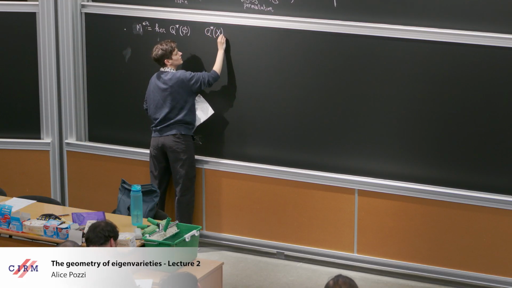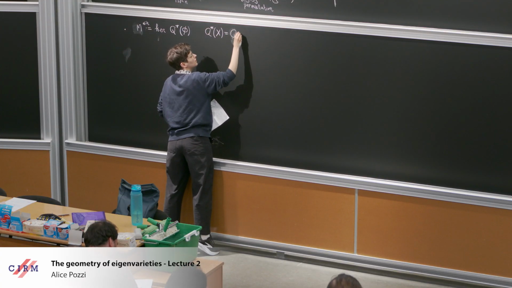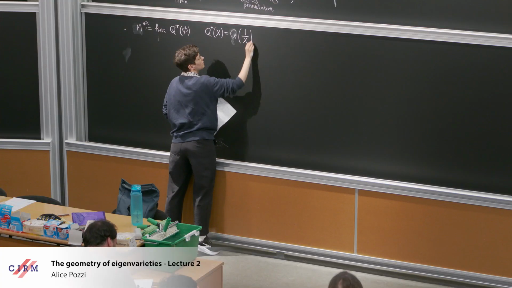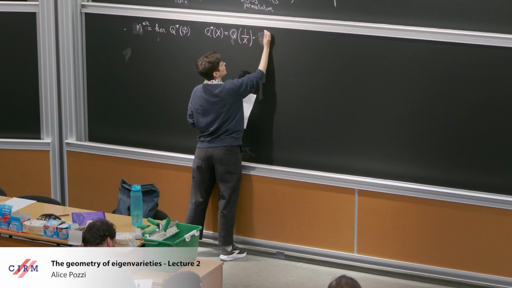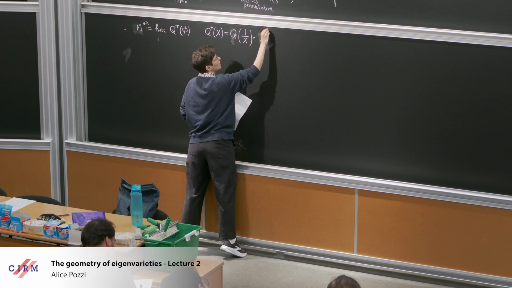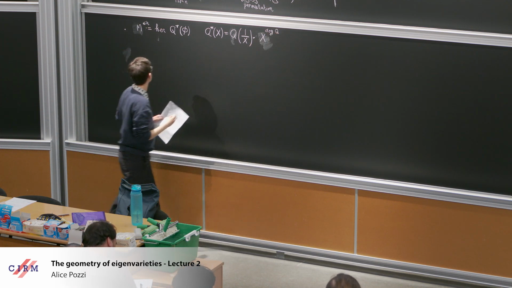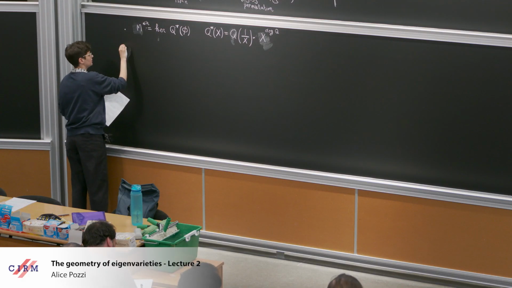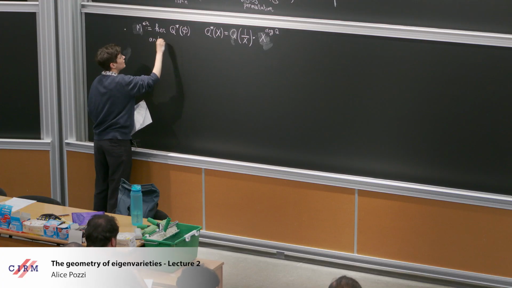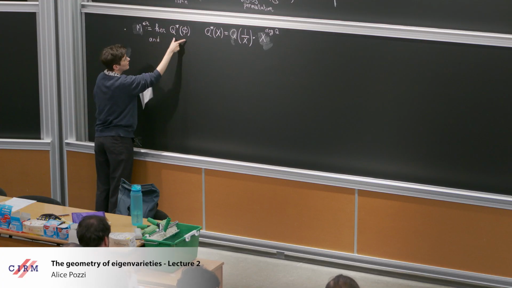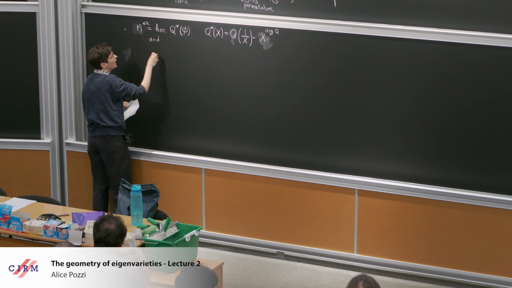Q star x is going to be: evaluate Q at 1 over x and multiply by x to the degree of Q. And phi is going to act invertibly. So this is obviously going to tell you that this is 0 on this guy.